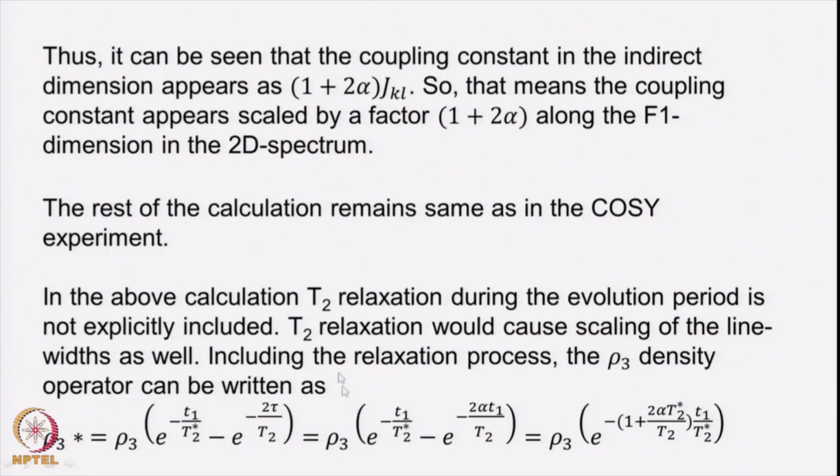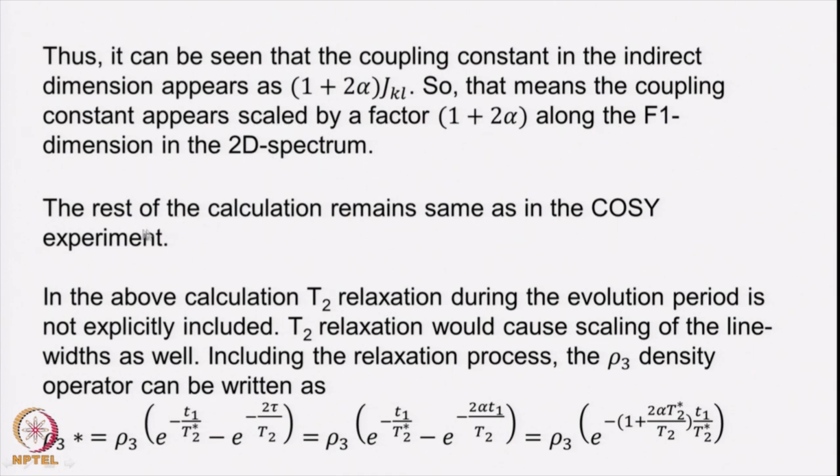So, now therefore, you see the coupling term is multiplied by the factor 1 plus 2 alpha. Okay. So, therefore, when you Fourier transform this total thing along the F1 dimension, the coupling constant will appear as 1 plus 2 alpha times j. This is the coupling constant appearing scaled by a factor 1 plus 2 alpha along the F1 axis in the 2D spectrum.